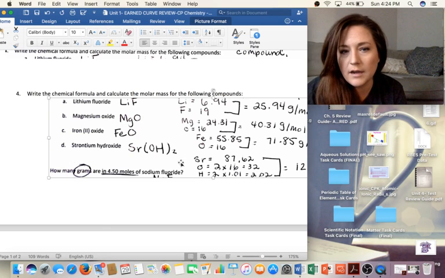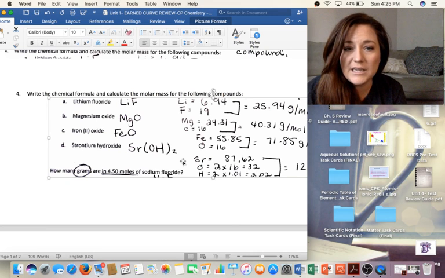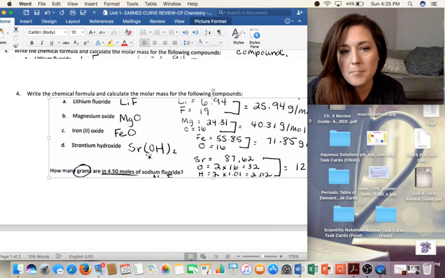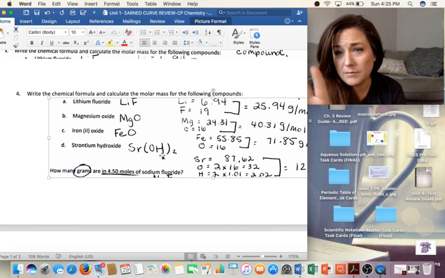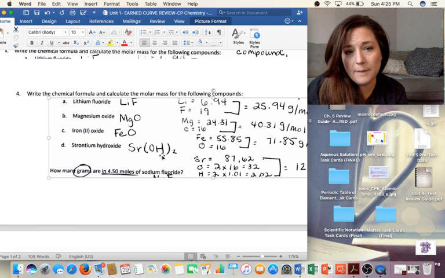Now catch that because there's a subscript on the outside of the parentheses, that means everything in the parentheses, my OH, there's going to be 2 of them every time. So there are 2 oxygen and 2 hydrogen in the hydroxide. So I have 2 here for oxygen and 2 here for hydrogen.